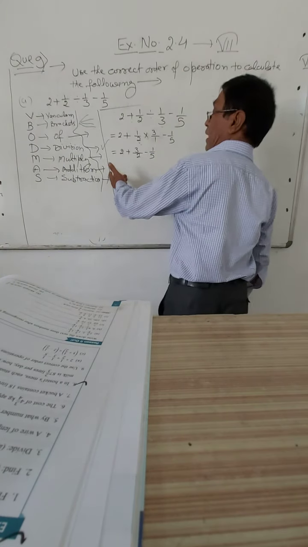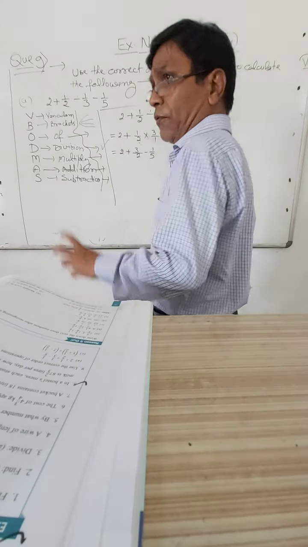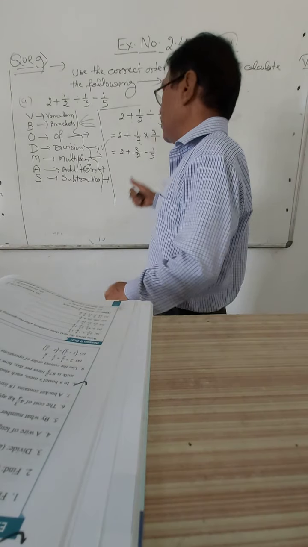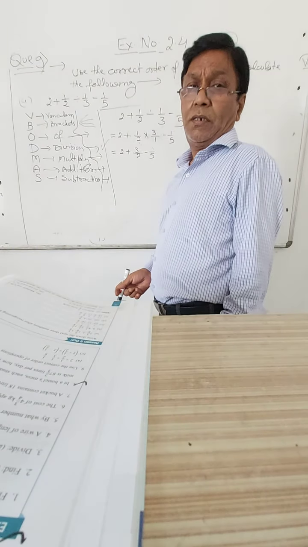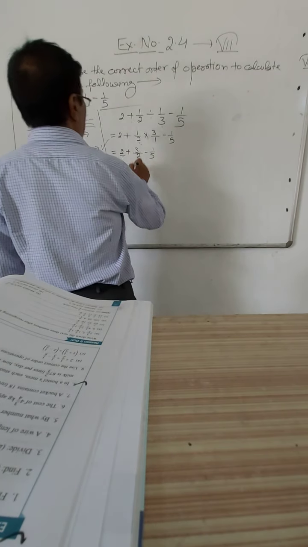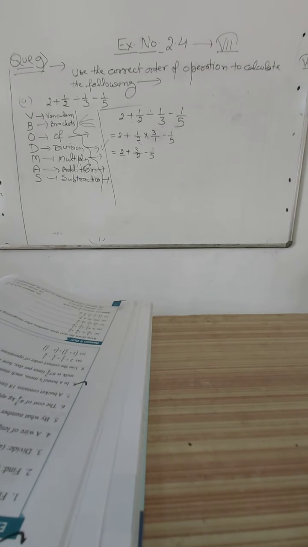Now first addition and subtraction. Addition and subtraction we can solve together if only addition and subtraction are there. By taking the LCM we can solve. So here it is 2 by 1, it is 3 by 2, it is minus 1 by 5.